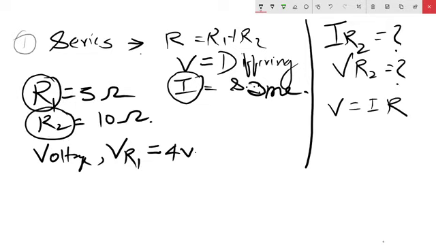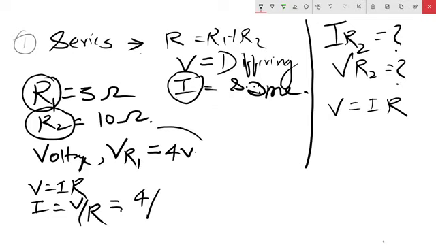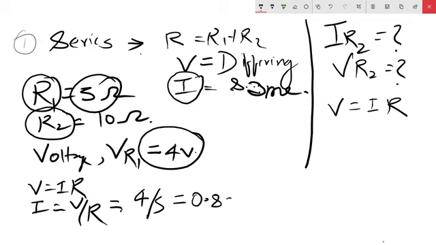For the R1 case, V is equal to IR, so I is equal to V by R. They have given the voltage as 4 volt and the resistance as 5 ohms. When you solve this, it comes to 0.8 amps. So the current is 0.8 amps.